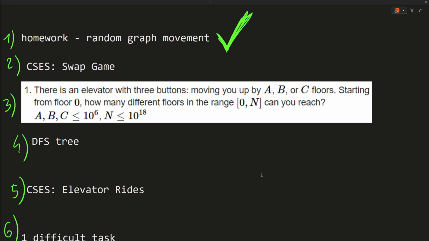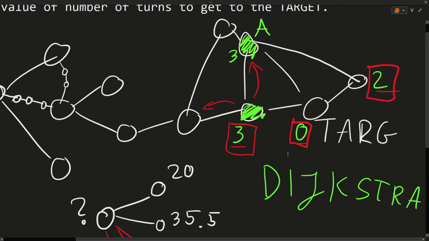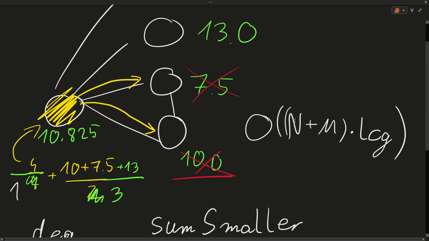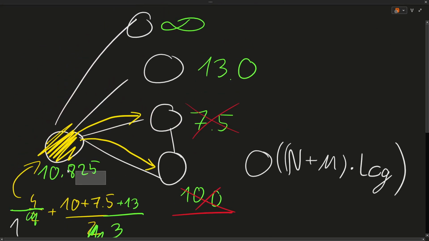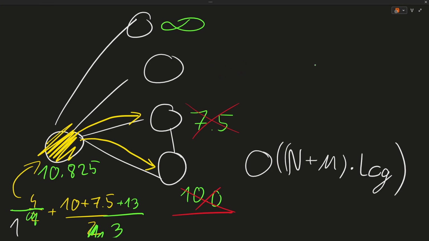Shouldn't 10.82 be processed before? Oh yeah. It's not that I actually processed this in good order. If 10.8 is already here, then it would be considered before 13. So what I wanted to say is, if this turns out to be the next smallest, let's say it's 10.5, then it is before 10.8.